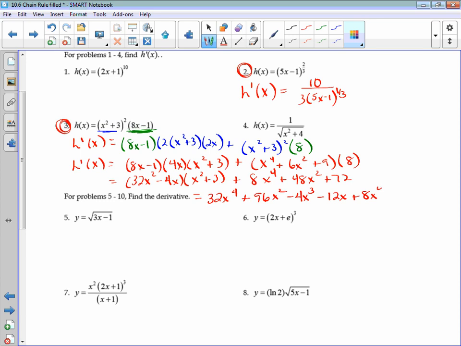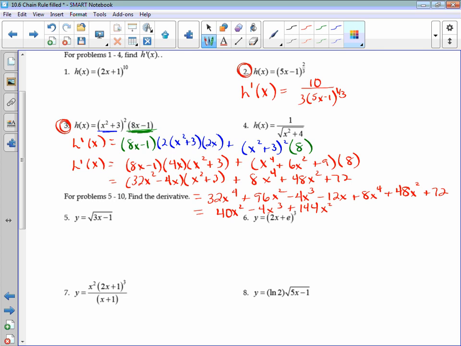I don't know why I gave you an answer in factored form, but okay. All right, final step. 40x to the 4th? Yes. Minus 4x cubed, yes. Plus, let's see, what's 96 plus 48?